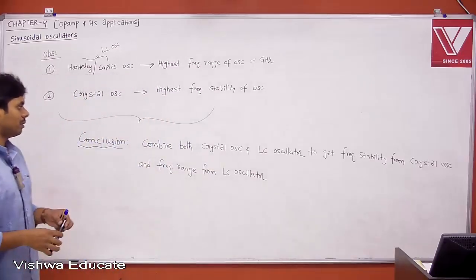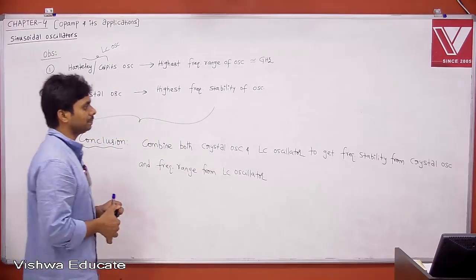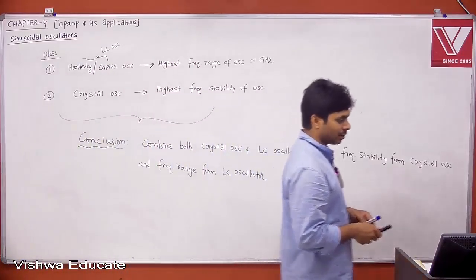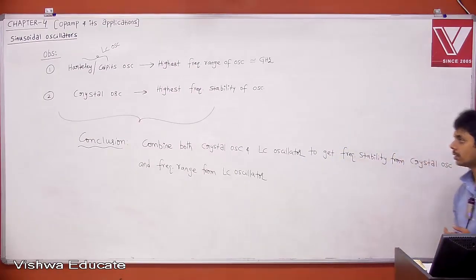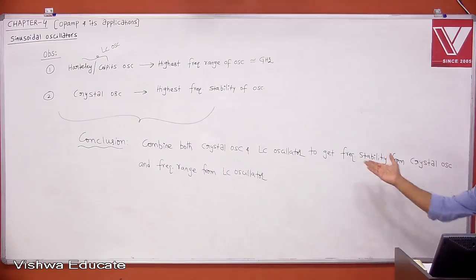Therefore we are going to combine them. Let's see what that is called and what the technical name is. That is what I'll explain. Take it down. Then after that I'll give you the combination and how we are going to get it.